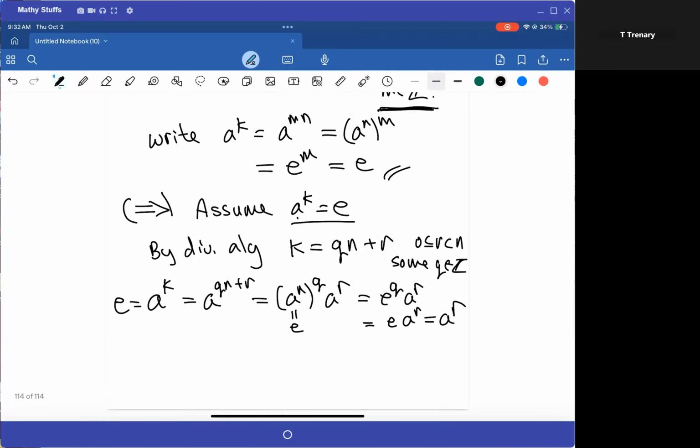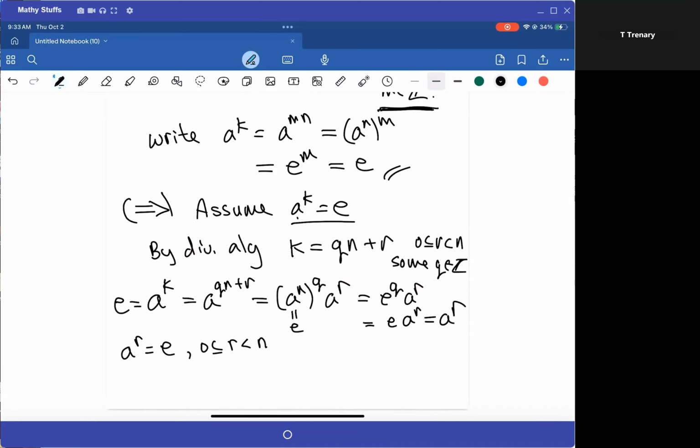I hope I got enough room to finish this, and I think I might. Because what I just showed is that A to the R is equal to E, but remember that R is between 0 and N, not including N.